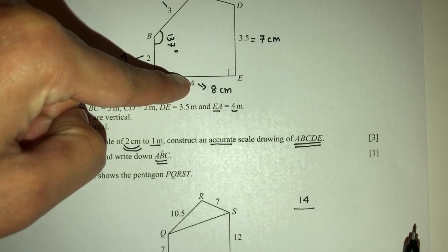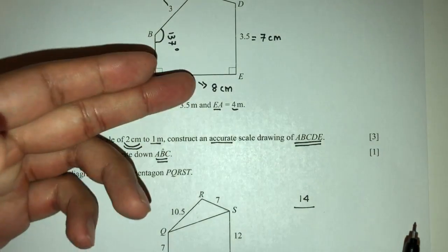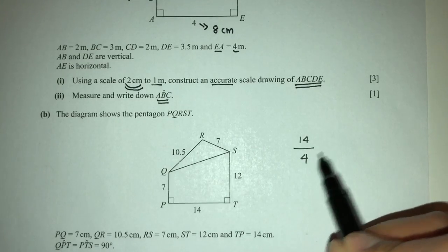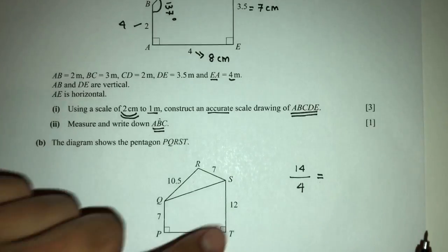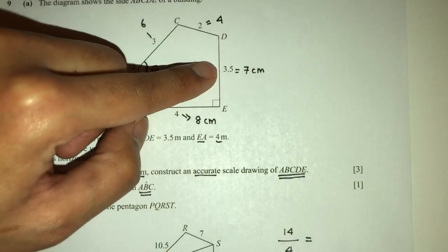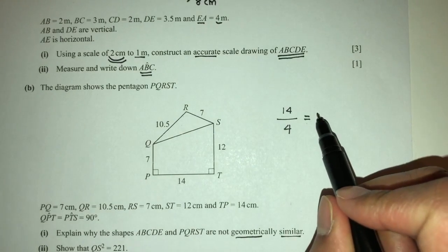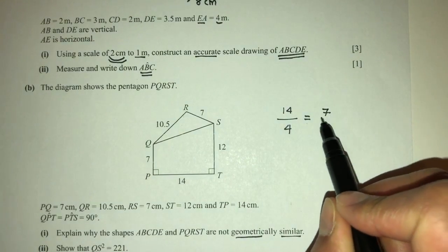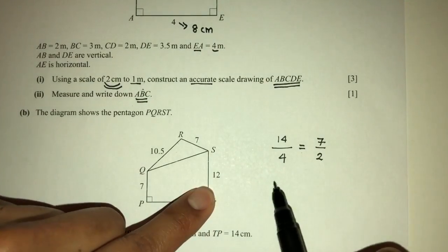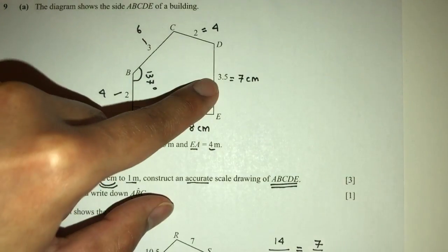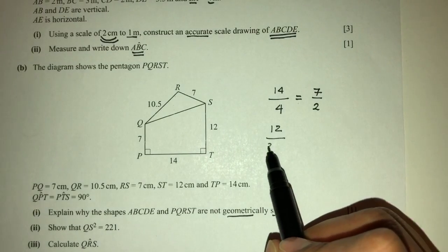That was given to us, let's take it as 4. It should be the same thing if you take this side over this side. So this is equal to what? That will be 7 over 2. But what if you take this side, which is 12, over this side, which is 3.5? Let's find that value.